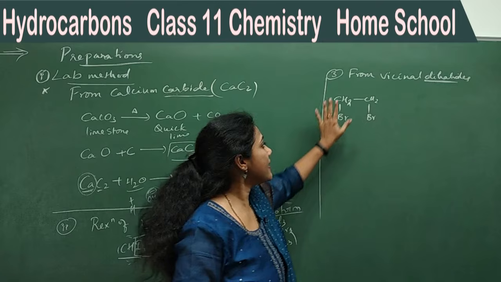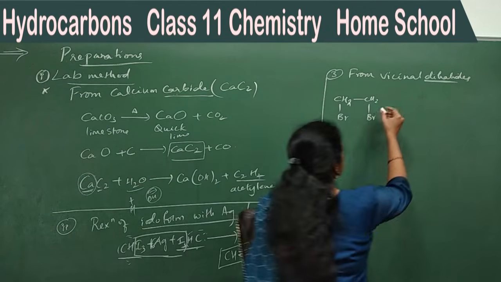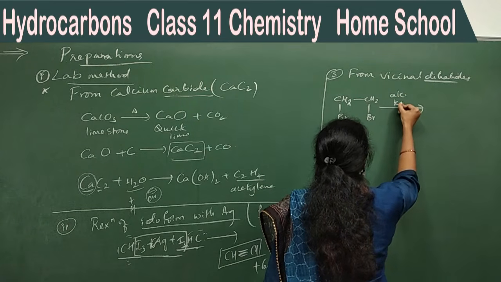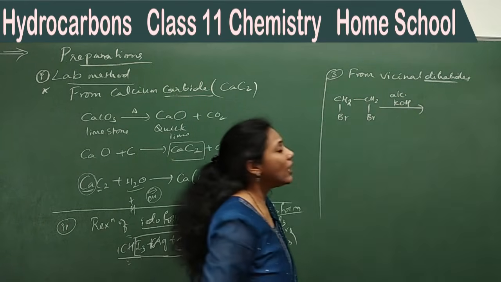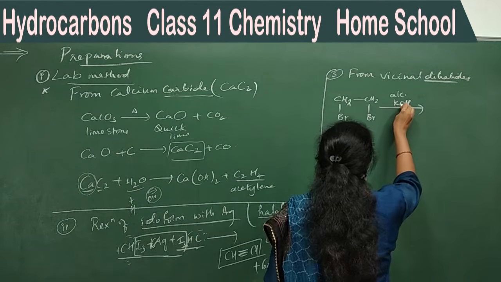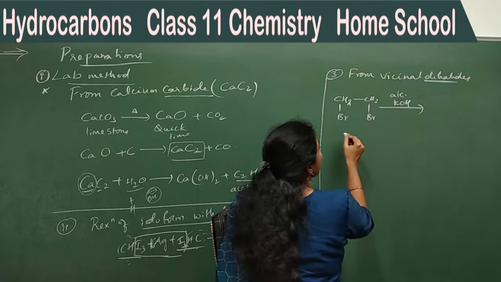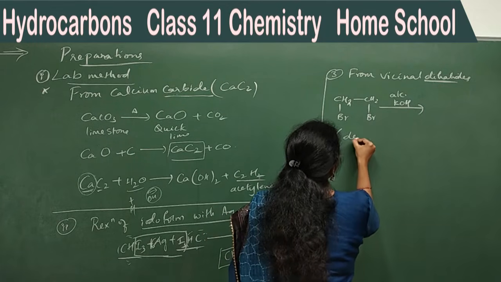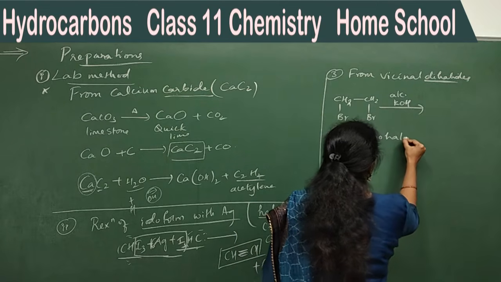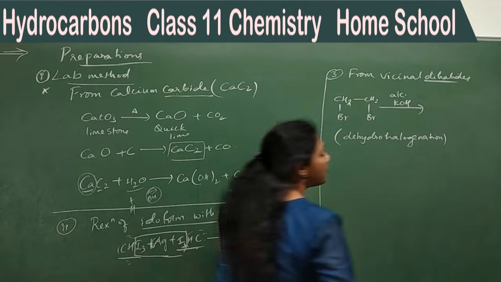And this vicinal dihalide, when I treat it with alcoholic KOH, which is a base. Whenever alcoholic KOH is there and you have alkyl halides, definitely you will observe a reaction called dehydrohalogenation.